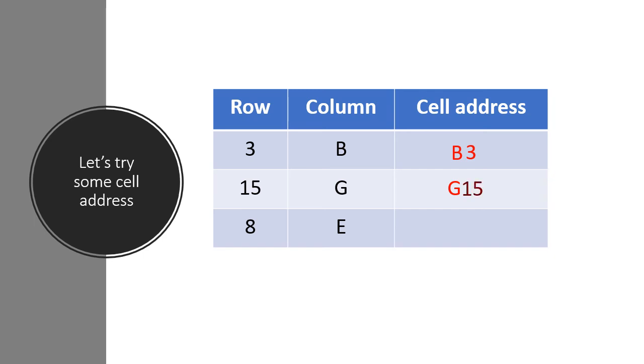Very good. Now the cell made by row 8 and column E is E8. Very good. So this is how we represent a cell with a cell address.